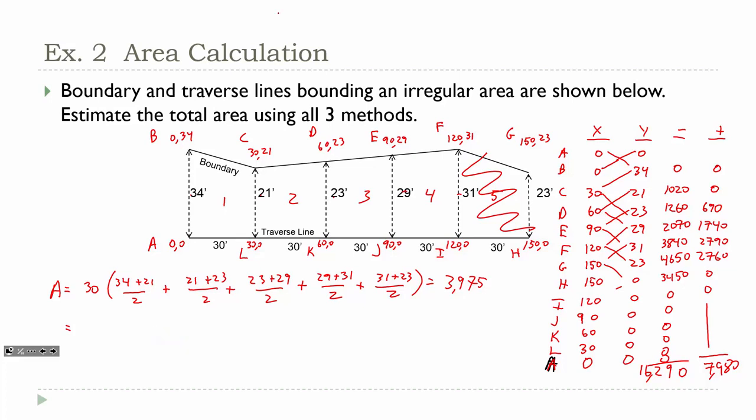You would have W, which is 30, times 34 plus 2 times the sum of H3 and H5, so that'd be 23 plus 31, and then plus 4 times the even ones, which is 21 plus 29.